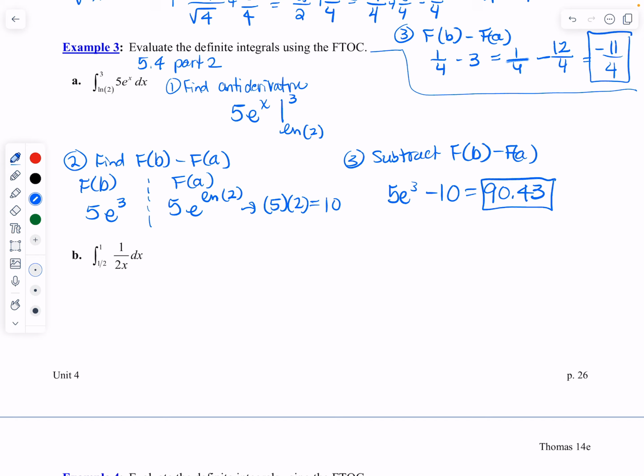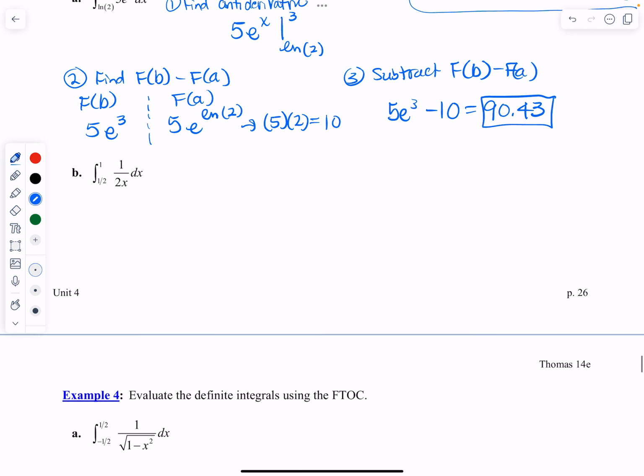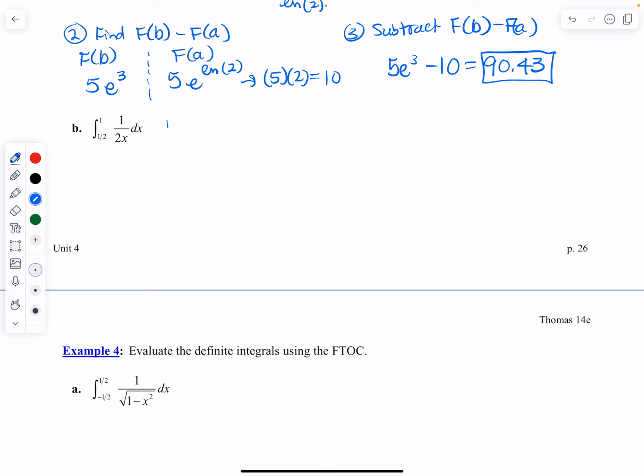All right, so let's do part B. Again, evaluate the definite integral using the fundamental theorem of calculus. So first we have to find the antiderivative. To find the antiderivative, remember that I can break this up into 1/2 times the integral of 1 over x dx. And I know the antiderivative of 1 over x is ln x. Okay, so we're going to write that up.